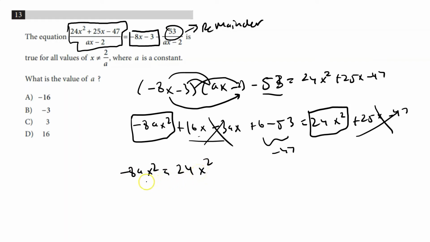And because they both have an x squared term, we can just cancel that. So -8a equals 24. And if we solve for a, divide both sides by -8, we have that a equals -3. Answer choice B fulfills that solution.